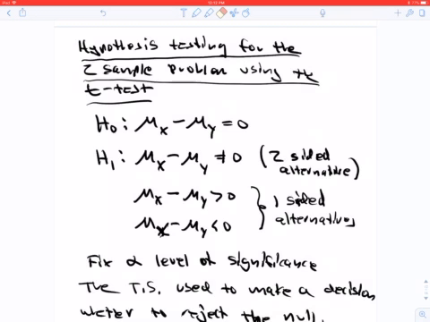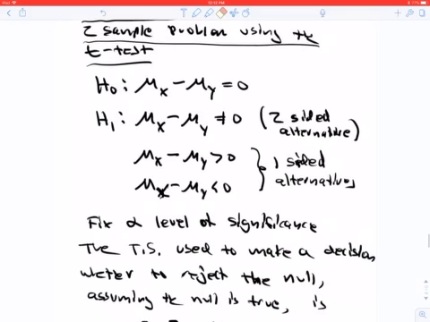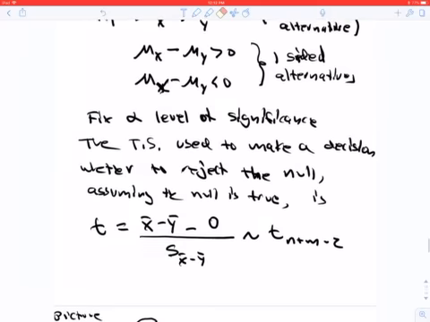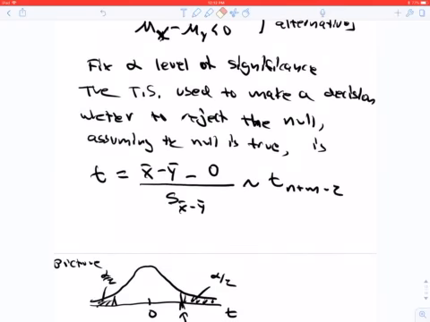Now, knowing all of that, we can do some hypothesis testing. So I'm introducing here what's called a 2-sample t-test. So your null is always that the mean for the 2 samples are the same, and the alternative is that you can either have 2-sided or 1-sided alternatives.